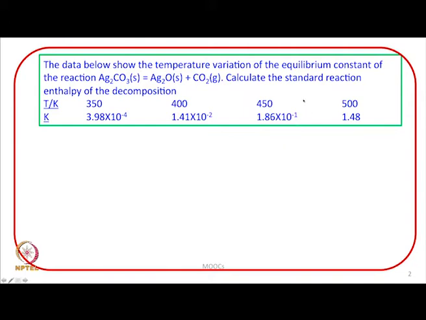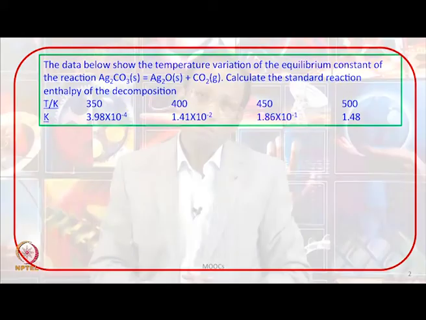We have been asked to calculate the standard reaction enthalpy. So immediately we should think of some relation which connects the temperature dependence of equilibrium constant with the enthalpy, and this equation is the well known Van 't Hoff equation.